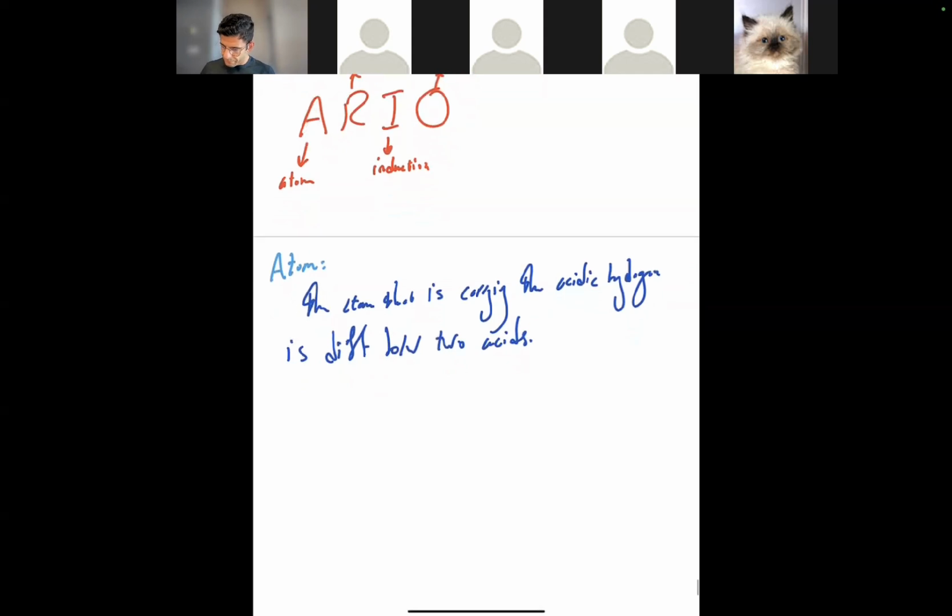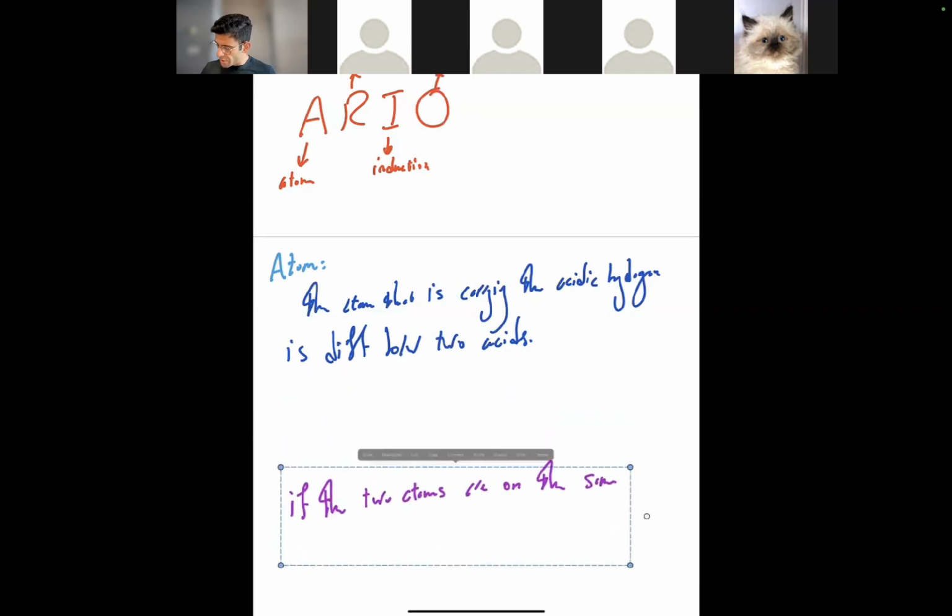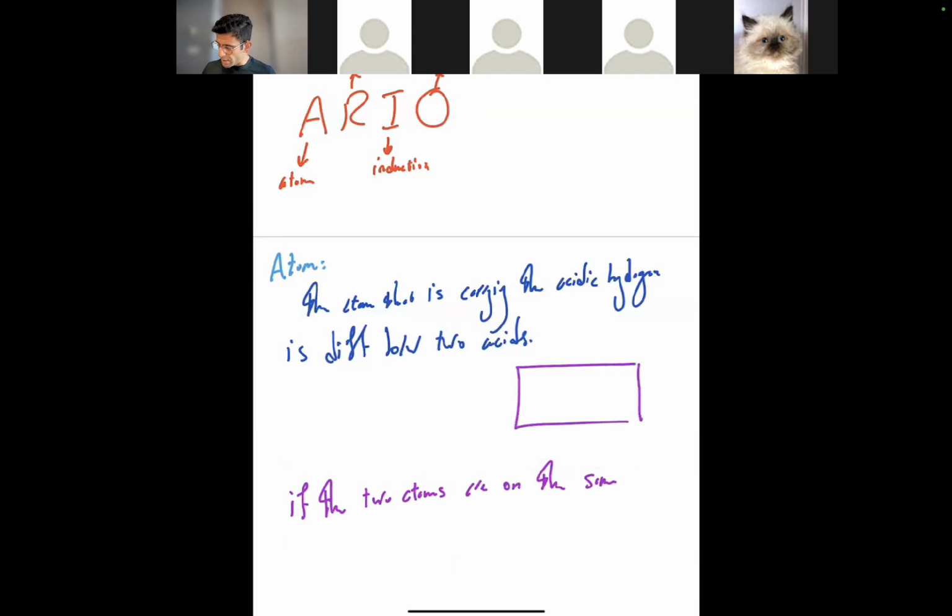If the 2 atoms are on the same... by the way, before we start, just a reminder that the periodic trend for electronegativity is like this, where F is the most electronegative element in the world.